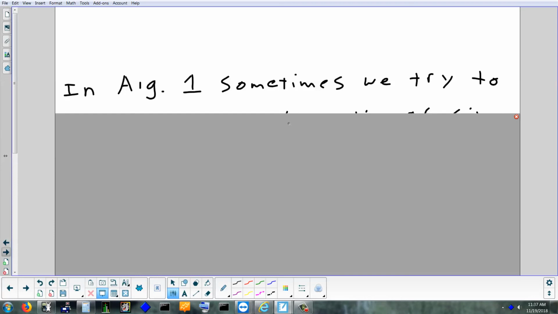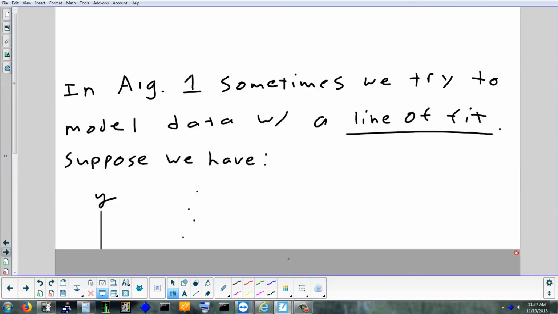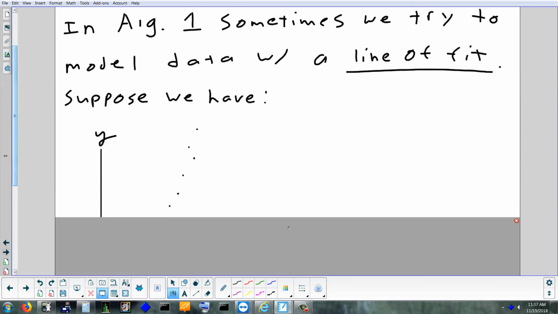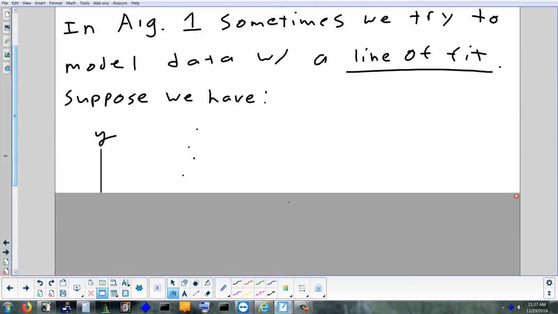Okay, so last thing. So in Algebra 1, sometimes you have a set of data points, and you try to find a line that goes through them. So let's say you had a set of data points like that. They're not perfectly in a line. But if I draw that in, that looks pretty good.